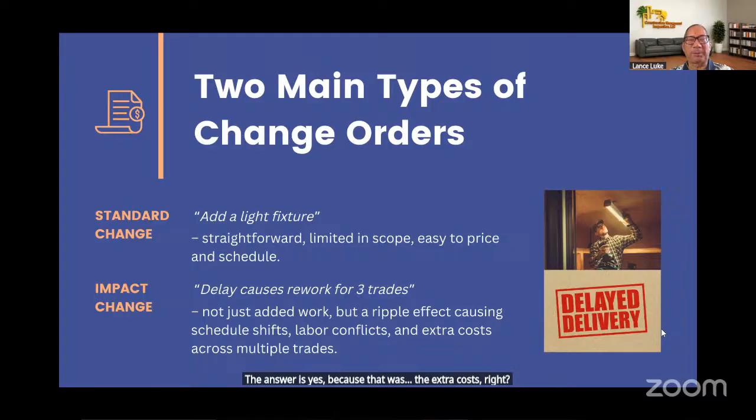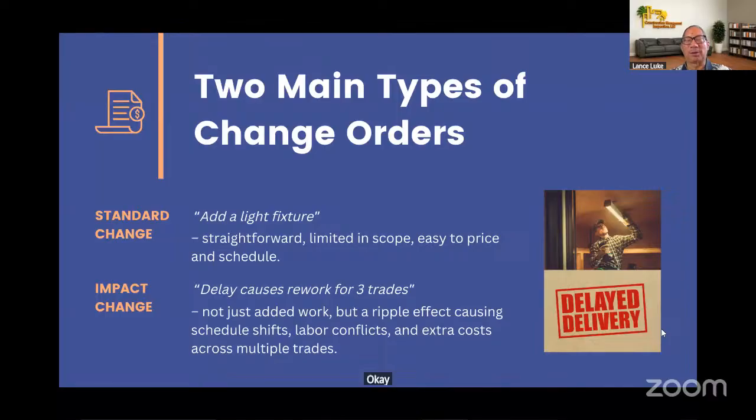But what about things that are attributed to that extra light fixture that could be problematic and could be additional costs relative to that one new light fixture? And you might ask, so what are you talking about?